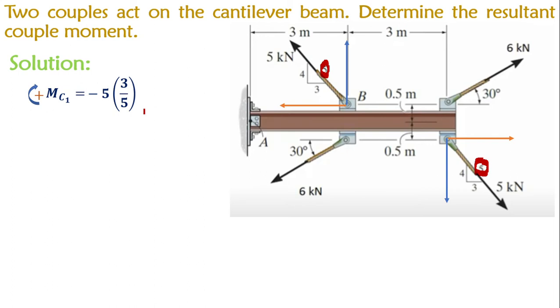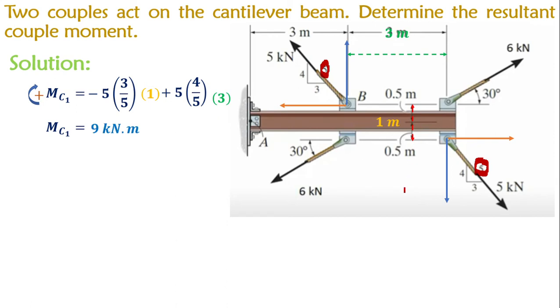Moment arm niya is 1. Plus naman yung other one, that is clockwise. Ikot niya, clockwise. Ito ay counter. So, moment arm niya ay 3. Okay, next. So, makuha natin value ng couple 1.